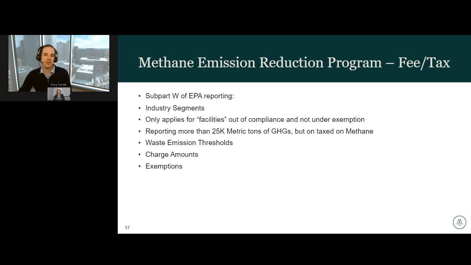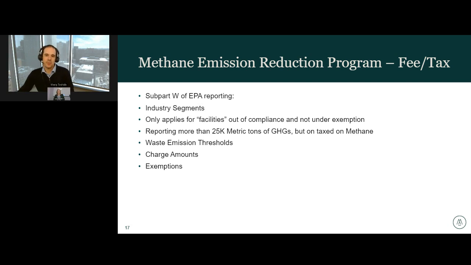Many of the same definitions are being utilized under Subpart W and being applied to this methane reporting, across different industry segments such as onshore, offshore, and processing, producing natural gas and oil throughout the U.S. Now, I think it's important to note that the 25,000 metric tons is simply a reporting piece, where the tax and the fee is really on the methane being emitted. There are different waste emission thresholds by type of industry, as well as by facility.